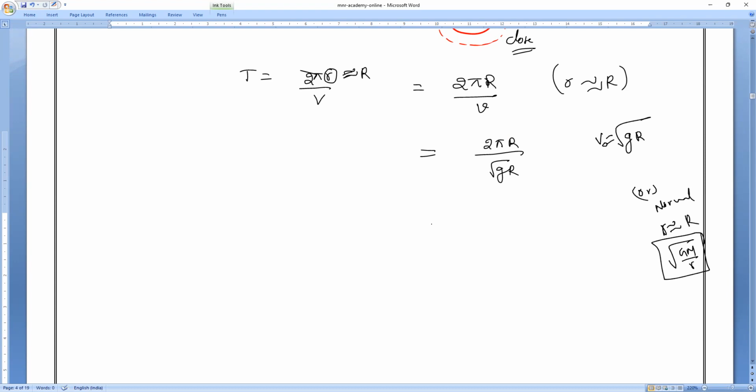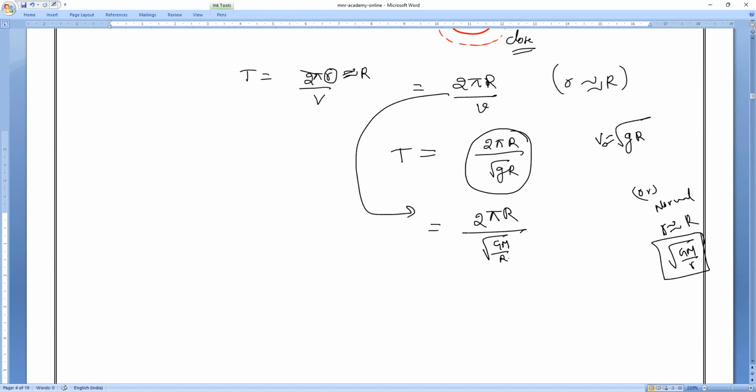Now, we will calculate the time period using this formula. Taking the normal case, v is root over GM by r. So I will replace it: 2 pi r divided by root over GM by r, where r is approximately equal to the radius of the earth.